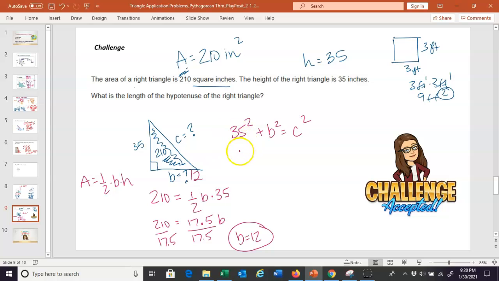Now we can solve for the hypotenuse because we know the base. I don't really know why I put that in parentheses; you don't have to. All right, let's solve for the hypotenuse. This is 1225 plus 144. I'll just add those together.